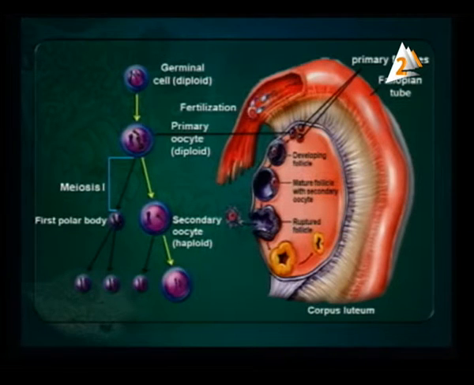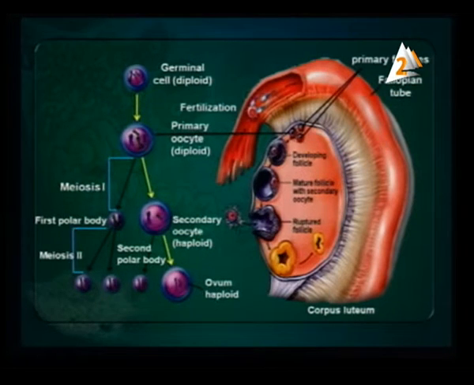In meiotic division, two things happen. First, the number of chromosomes is halved, so the cells produced from this division are haploid.